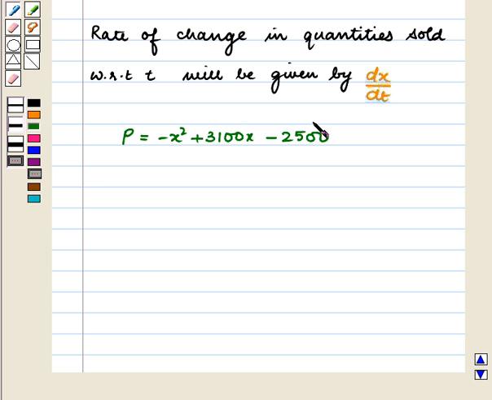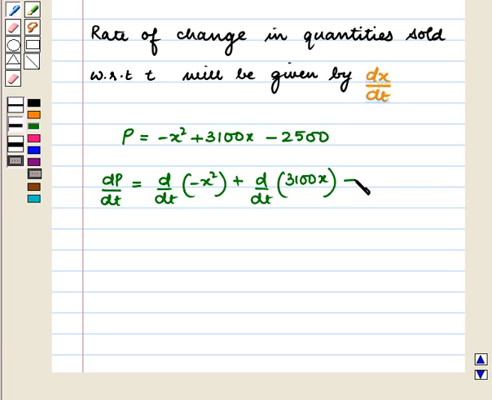We differentiate both sides with respect to t and we obtain dP by dt will be equal to d by dt of minus x square plus d by dt of 3100x plus d by dt of minus 2500.